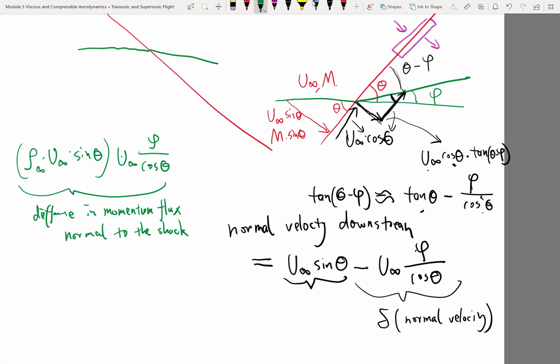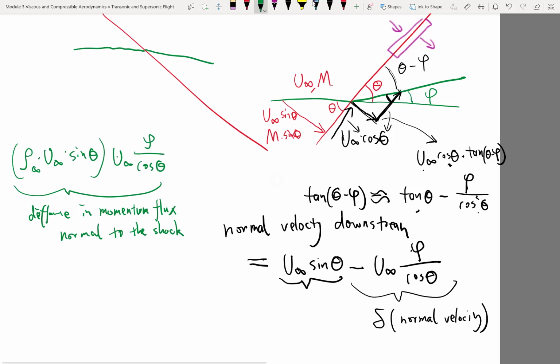What's different from the momentum equation normal to the shock and the momentum equation tangential to the shock, as you remember, is that the pressure force is in the normal direction. So there is no actual term for the tangential conservation of momentum. That is why there can be only a zero velocity difference in the tangential direction. But for the normal direction, it's not going to be zero. So this thing is going to be equal to the pressure force per area. What is that?